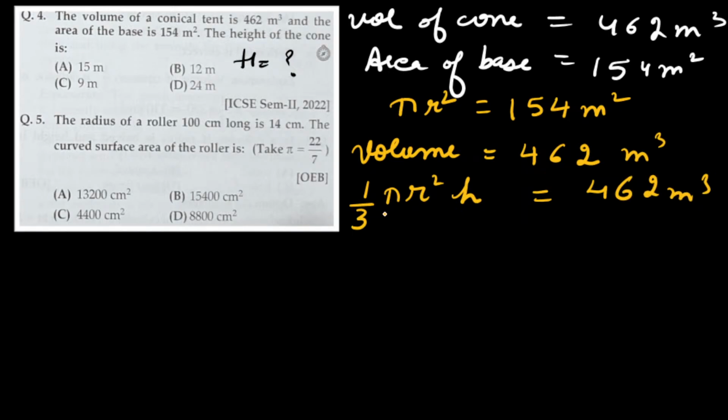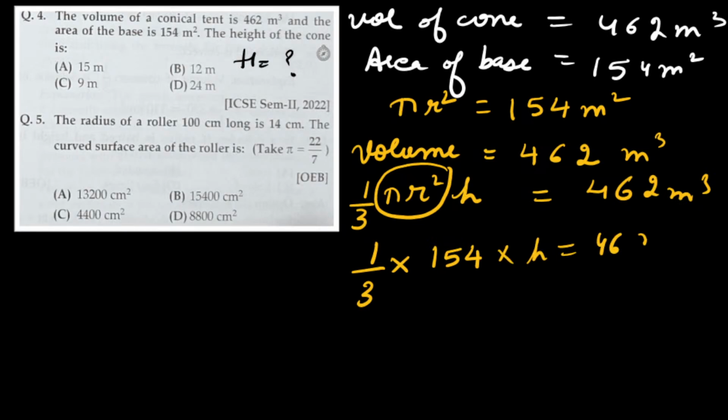Now here we can just do substitution because we have to find height. I can substitute here pi r square's value. So 1 by 3 into 154 into h is equal to 462.